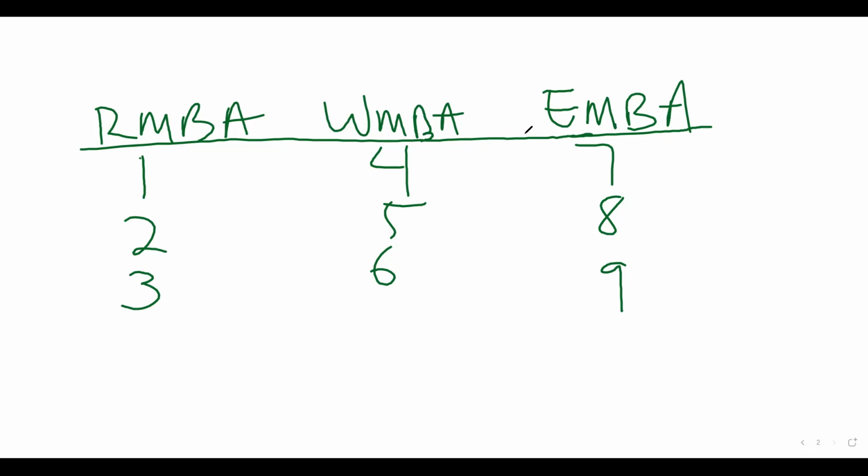Anyway, so these are the different categories of MBA groups. Now, the simple answer is, and this is very important because this is the question ANOVA is attempting to address.